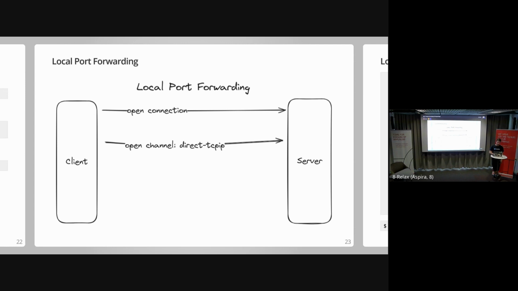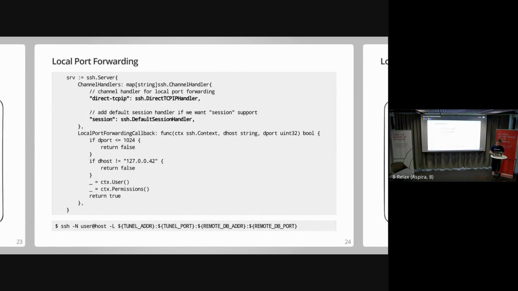In our scenario, Dataddo is the client and requests some database port visible from the customer's SSH server. This is done by registering a handler for the direct-tcpip channel.